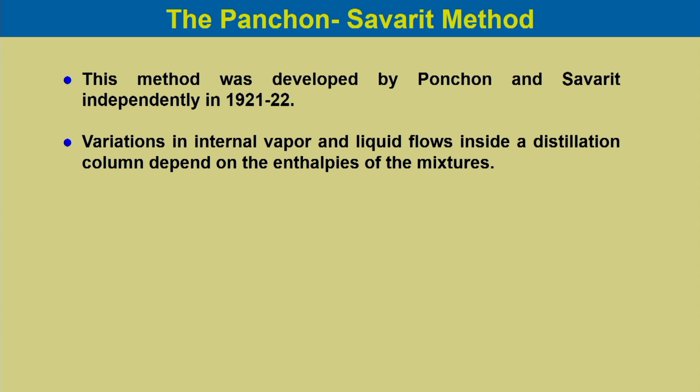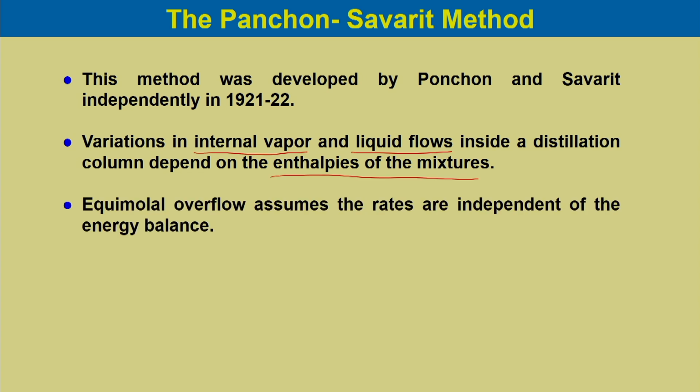In this case, the variations in internal vapor and liquid flows inside a distillation column depend on the enthalpies of the mixture. So, equimolar overflow, which we have assumed for the McCabe-Thiele method of design of distillation column, has rates independent of the energy balance.